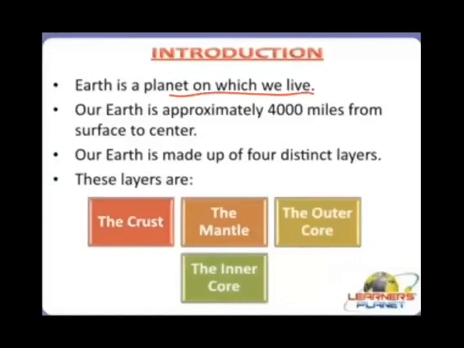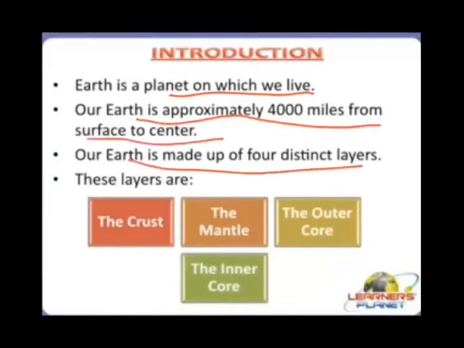Our earth is approximately 4000 miles from surface to center, and earth is made up of 4 distinct layers. First one is crust, second is the mantle, third is the outer core, and the fourth one is the inner core.